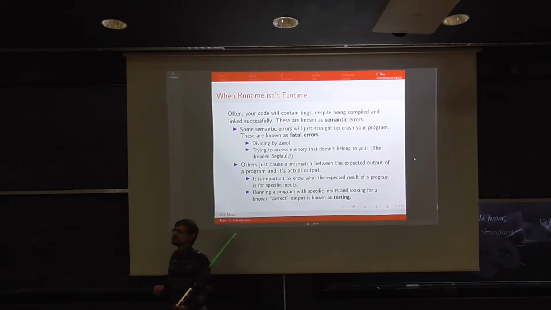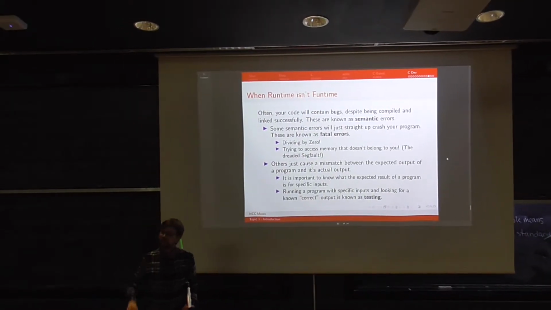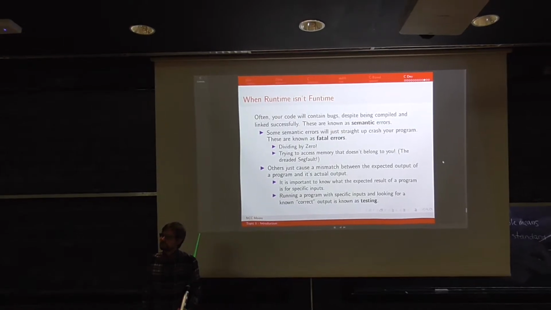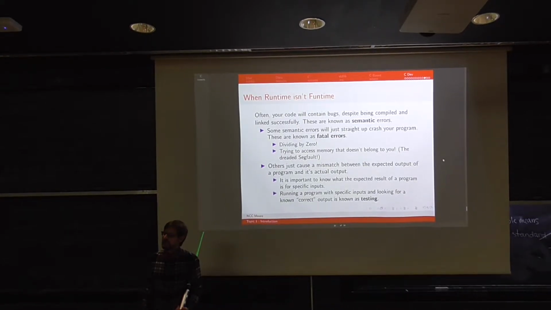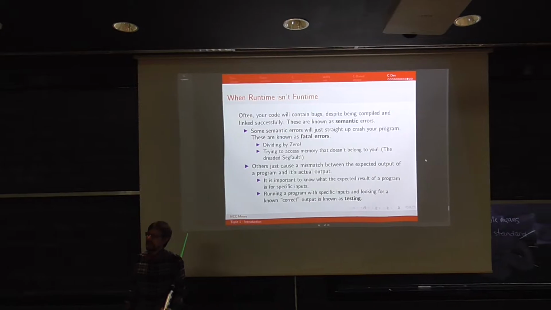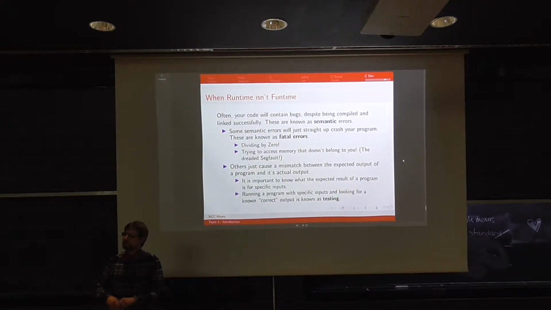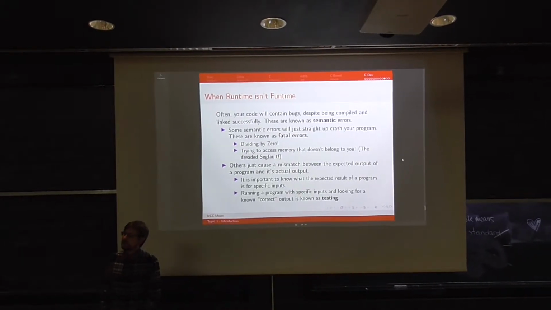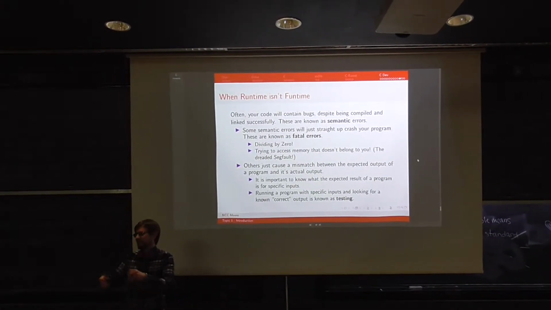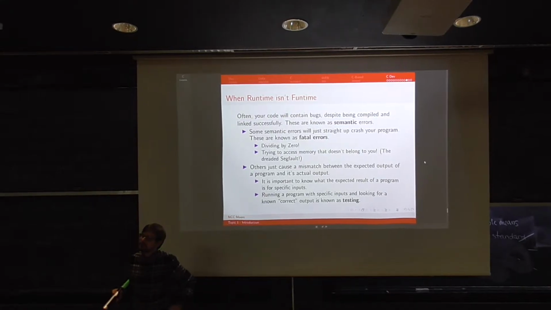Yes? Will a fatal error tell you what's wrong, or would it just crash and then you have to figure it out yourself? Most of the time it won't tell you what's wrong. It depends on the class of error. A segmentation fault will tell you it's a segmentation fault. It really depends on the specific error that you get.